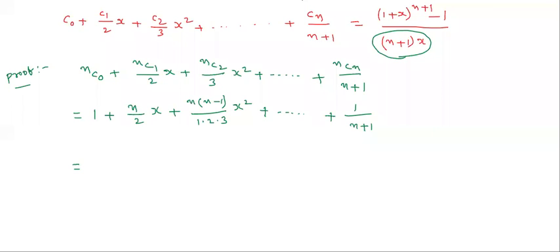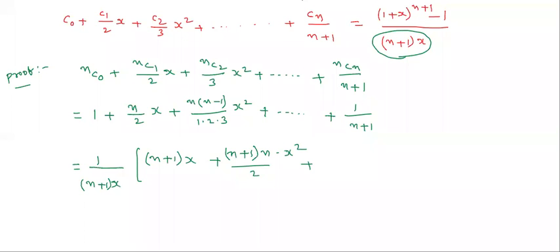So here, dividing with n plus 1 into x and multiplying each term with n plus 1 into x, we get n plus 1 into x as the first term, the second term n plus 1 into n, x into x, x square divided by 2, plus n plus 1 into n into n minus 1 divided by 1 2 3 into x square multiplied with x, it will come x cube, and so on.